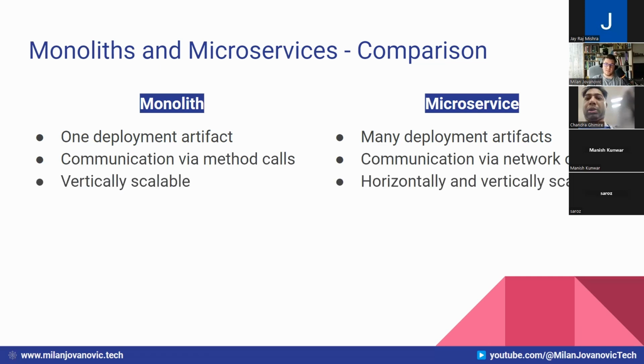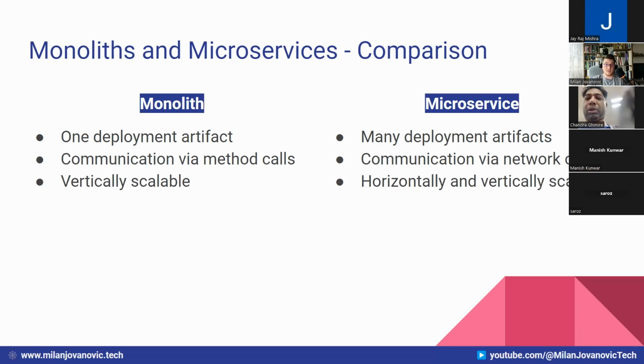When it comes to scalability, the easiest way to scale a monolith is vertically. You just add more resources to the server running your monolith. You can scale it horizontally by creating multiple instances of your monolith, but this is not really resource efficient because you are scaling your entire monolith where there's typically just a part of your system that is running into some scaling issues, and you can't scale that individually, so you're forced to scale the entire monolith.